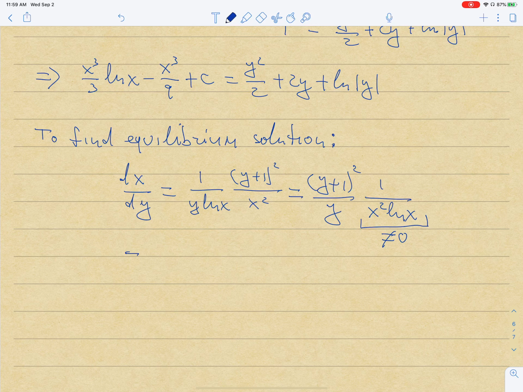So then there is no equilibrium solution where x is a function of y.